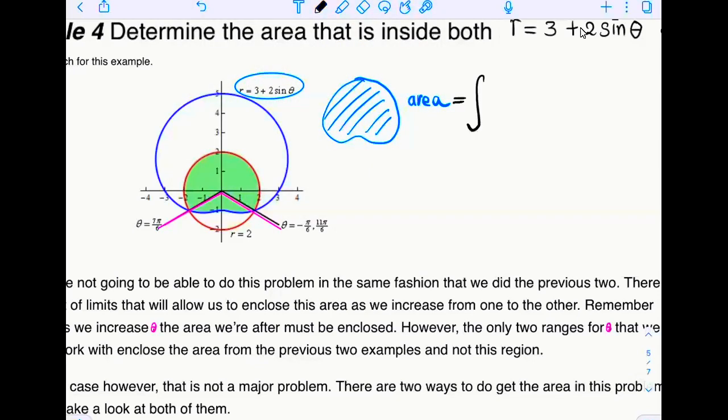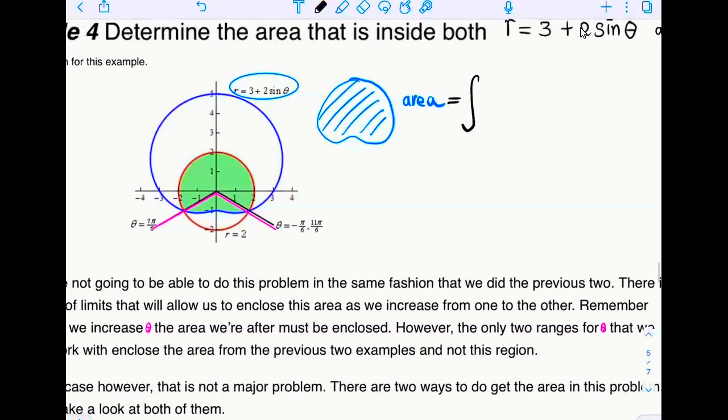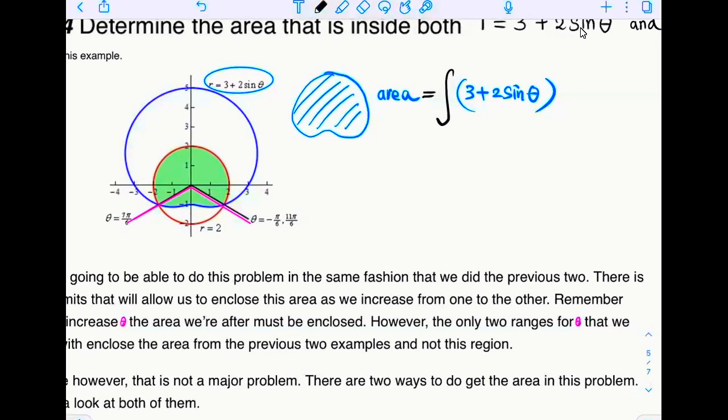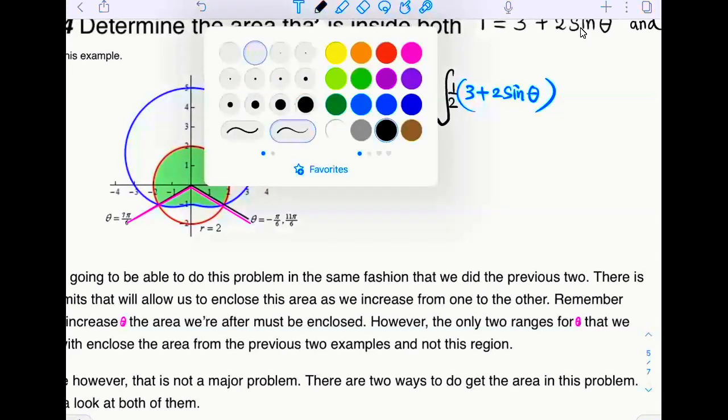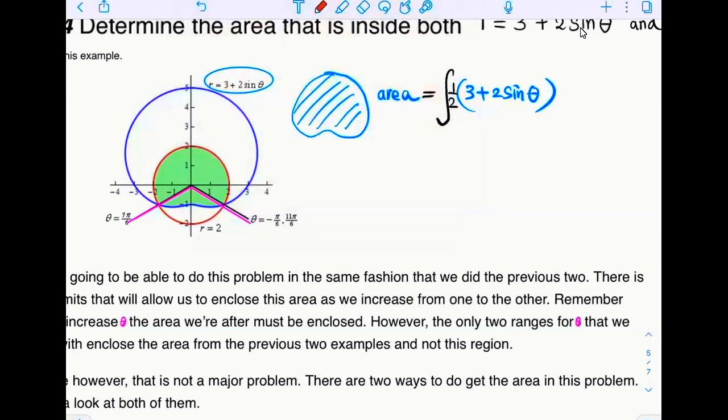Well, we will integrate the function, which is 3 plus 2 sine theta. The area is 1/2, right? So it's going to be 1/2 of R squared d theta. This one here is the R, R is given by this, remember?